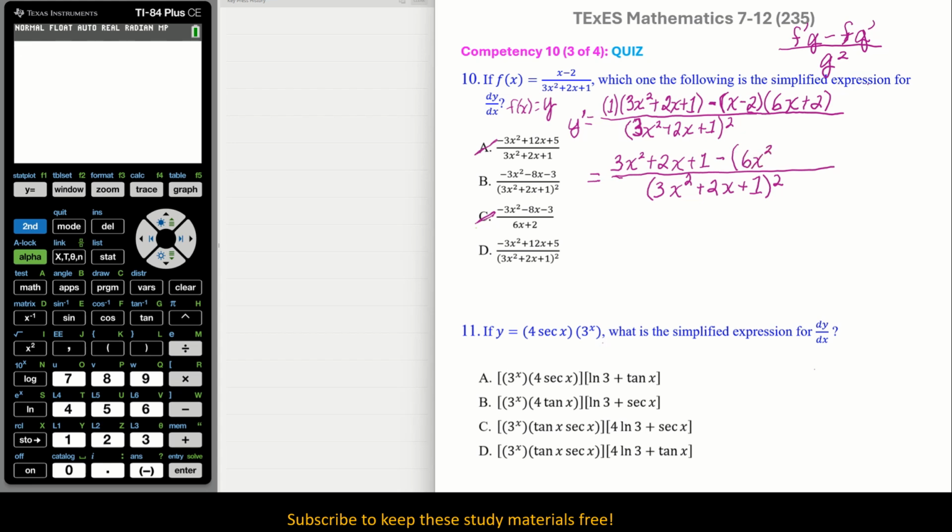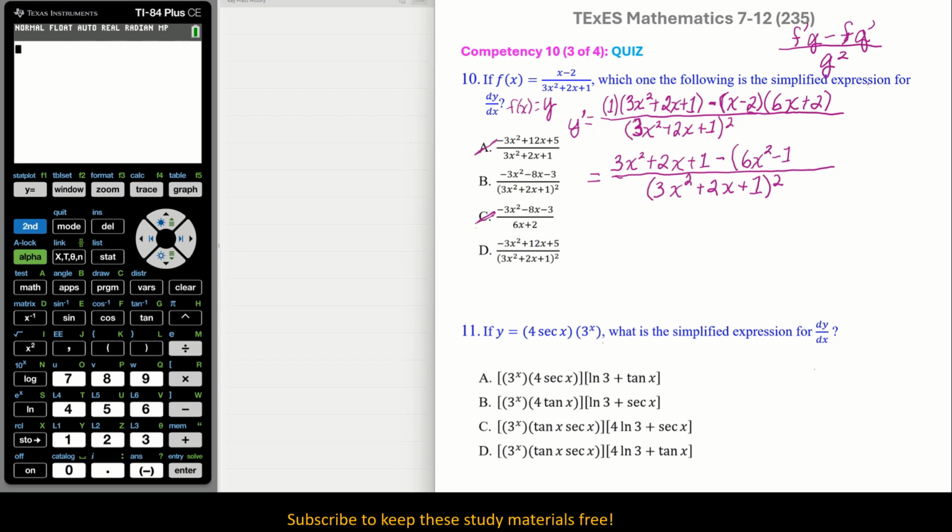6x squared. Now, I am going to say that we have minus 12x plus 2x, which gives us minus 10x.